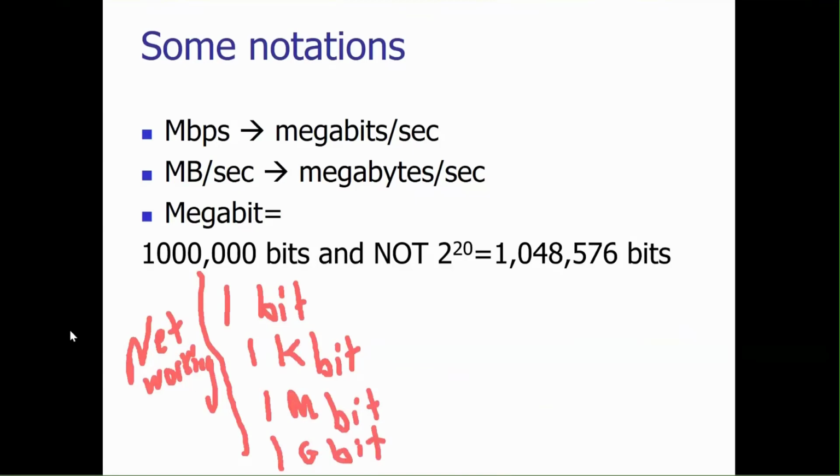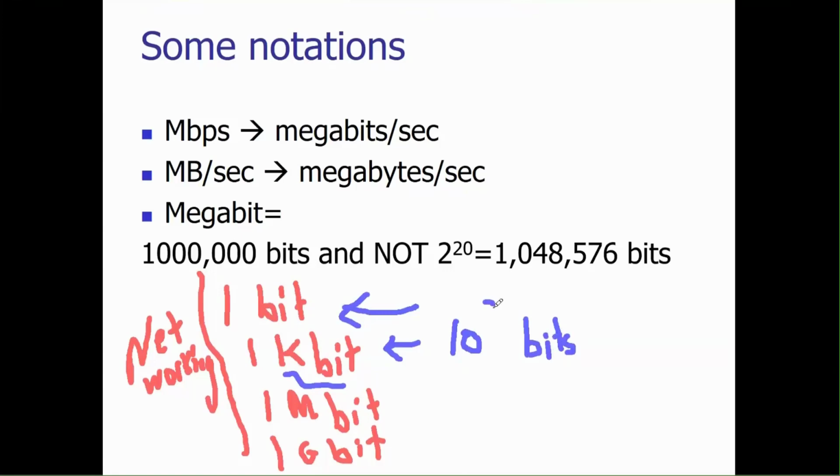So, really quick. You can see 1 bit is 1 bit, of course. A kilobit is how many bits in networking, guys? I just said it. It's 10 to the power of... Kilobit is how many bits? 10 to the power of what? 3.